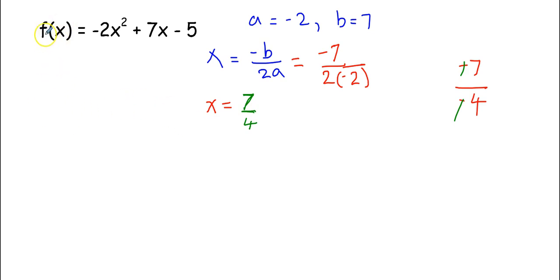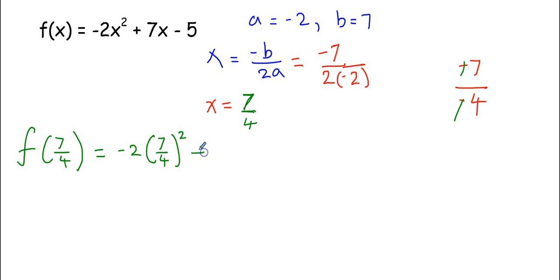Now substitute in the given function. f of 7 over 4 is equal to -2 times 7 over 4 whole square plus 7 times 7 over 4 minus 5.